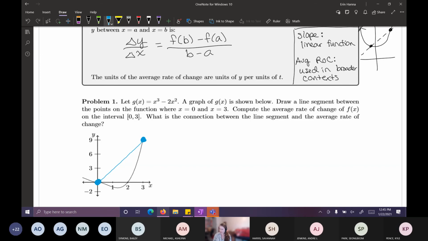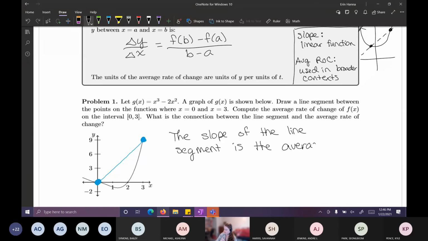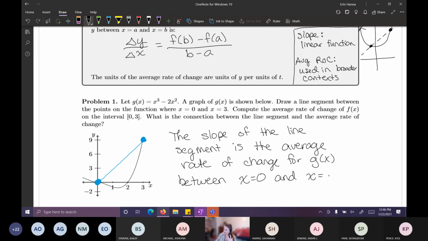So what is the connection between the line segment and the average rate of change? I actually already spoiled the answer to this question. So the slope of that line segment is the average rate of change, I'll even say for g of x, the specific function we're talking about, between x equals 0 and x equals 3.